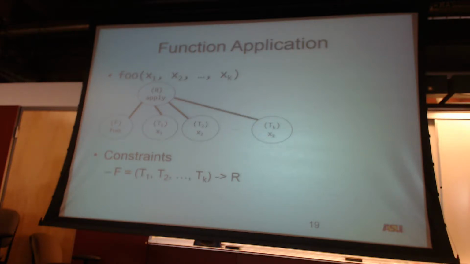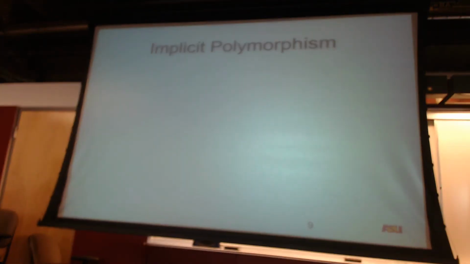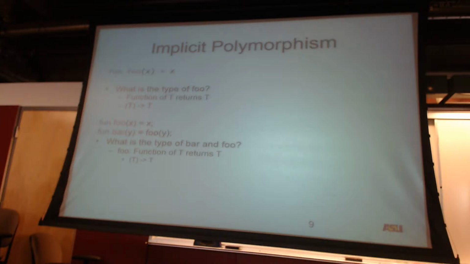If you remember, in the last class we represented a function like this: whatever the arguments are, we take them in parentheses, then we have a right arrow, and then we write the type.